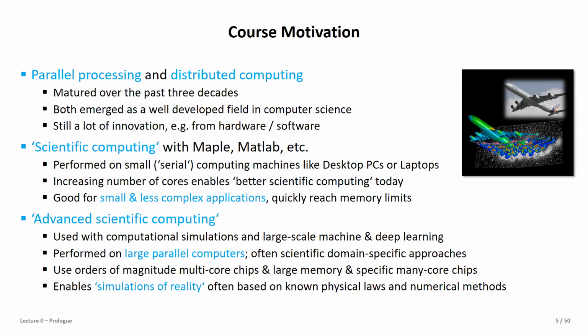So you see, again, that this idea that I need lots of computing is, of course, something which differentiates high performance computing from traditional scientific computing that one or two of you maybe know already from Maple or MATLAB, these more serial computing machines that you have on your desktop PC or laptops, that already can do quite good scientific computing today, because desktops and laptops are very good today.